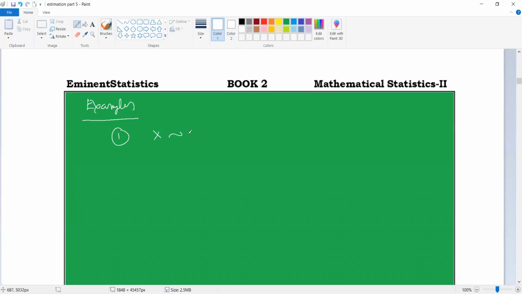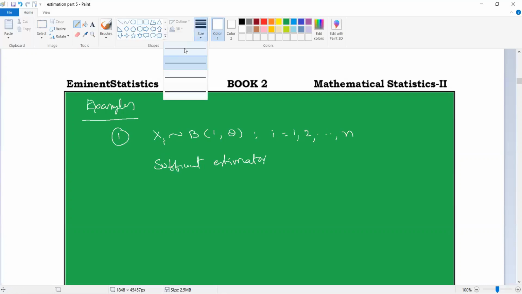Xi follows Bernoulli with parameters 1 comma theta, where the xi's are IID, i equals 1, 2, 3 and so on. The sufficient estimator of theta is dash.